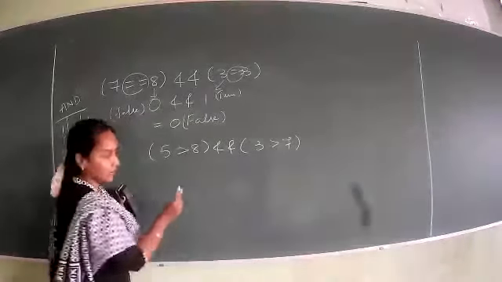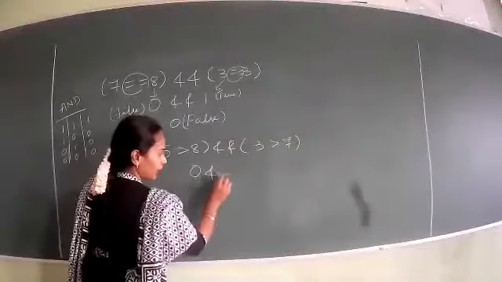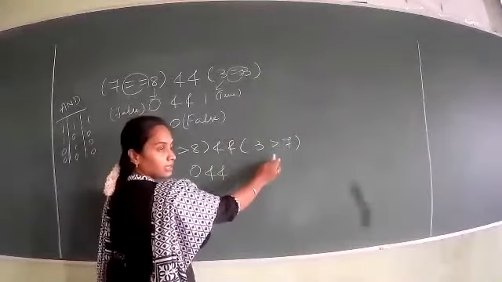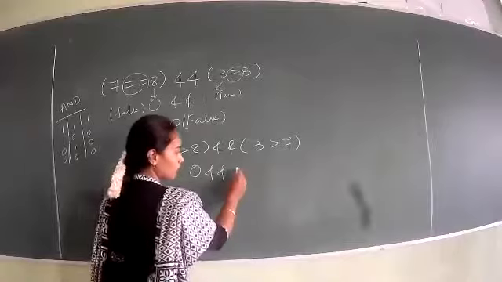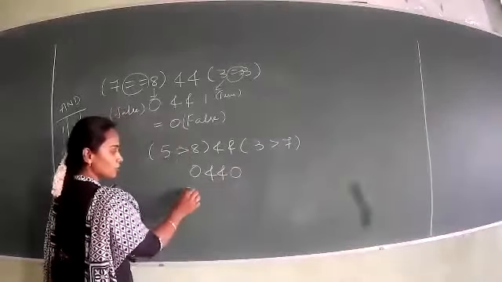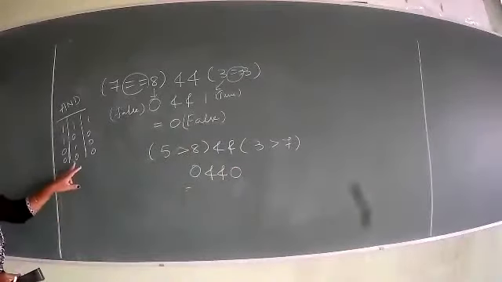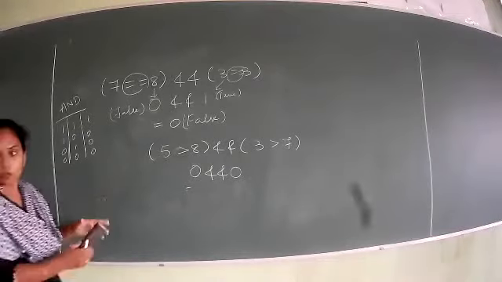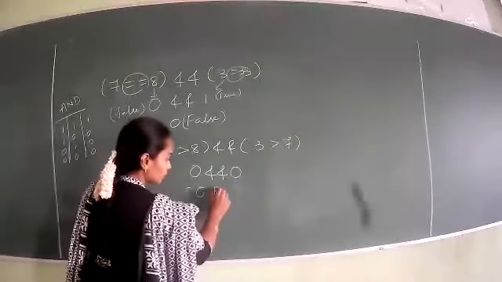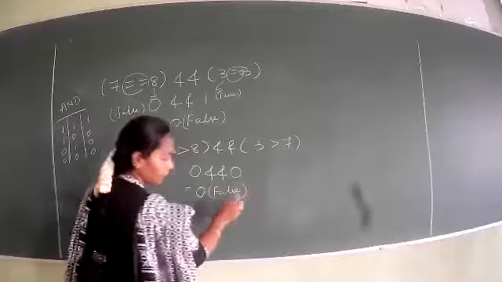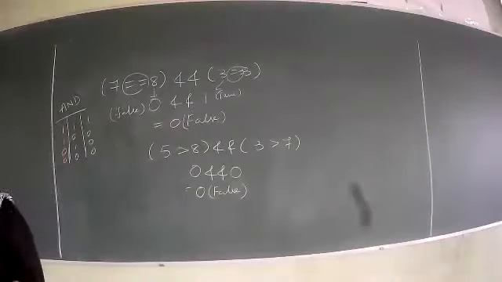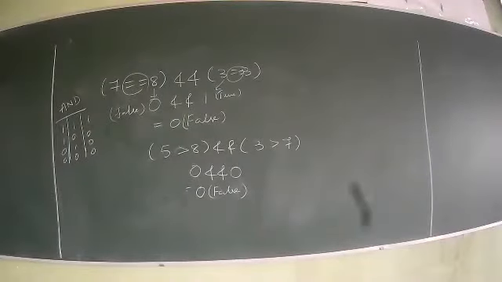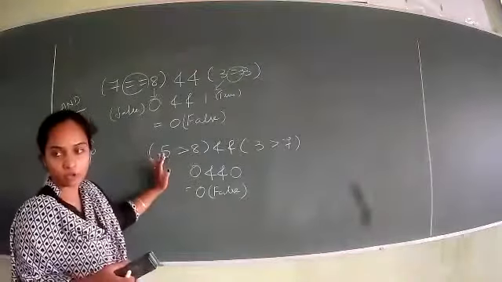False means I have to take it as 0. And 3 is greater than 7 is false, so I take the answer as 0. So 0 AND 0 means the answer here is false, that is 0. Now the logical AND is clear to everyone. I hope everything is clear now for the AND operator.